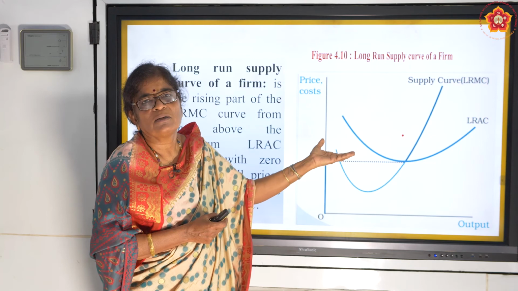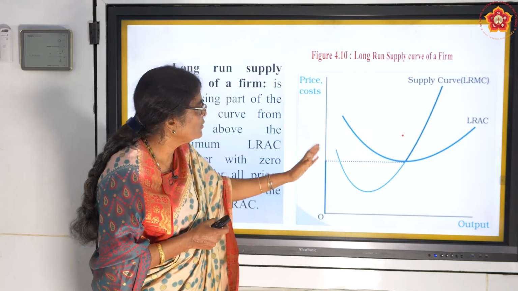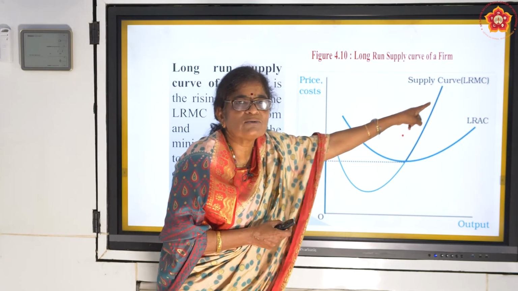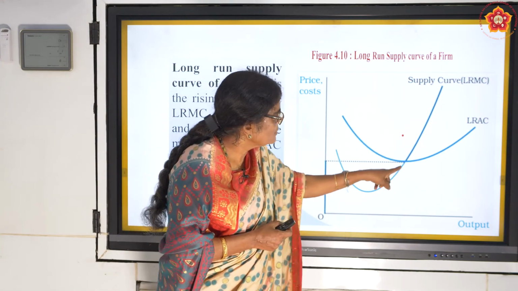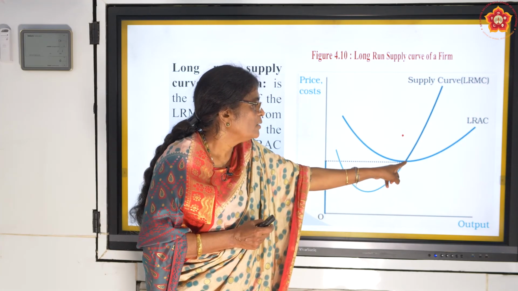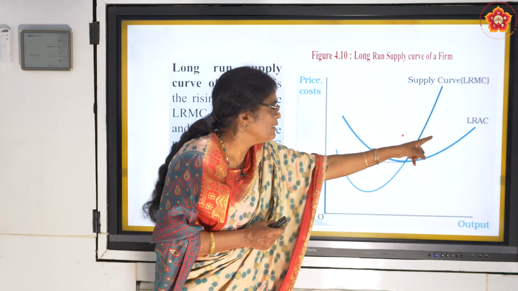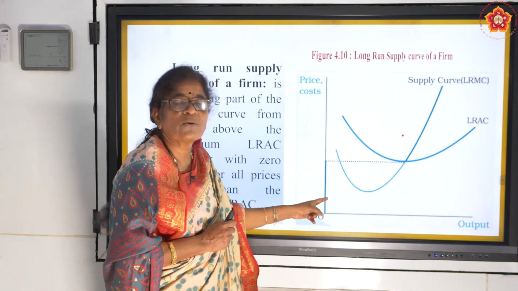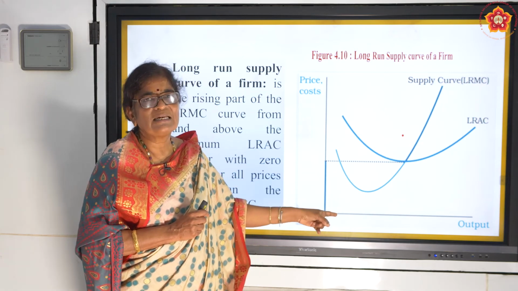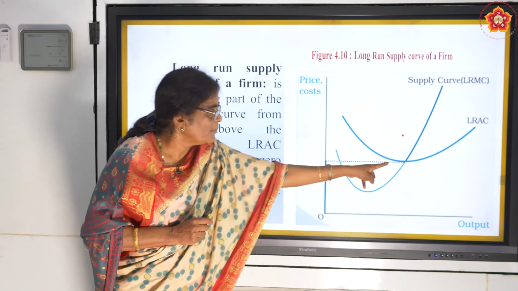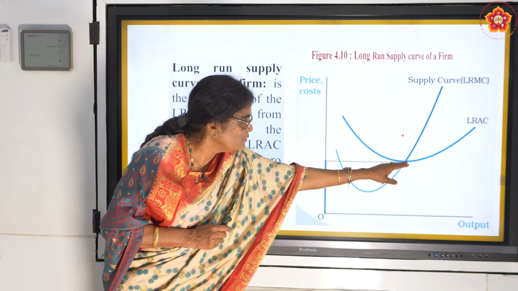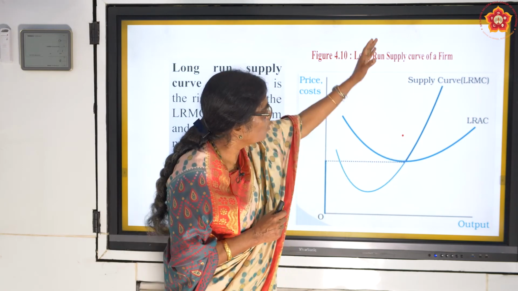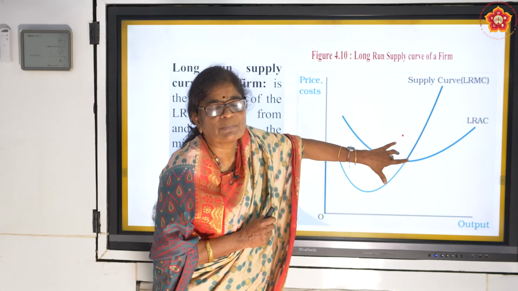The long run firm's supply curve, as we have already studied, is a part of the long run marginal cost curve which rises from and above the minimum LRAC, together with the zero supply curve, or zero output curve, for all prices less than or equal to minimum LRAC. For all prices less than this, zero output. For all prices equal to or more than this, a positive level of output is supplied.